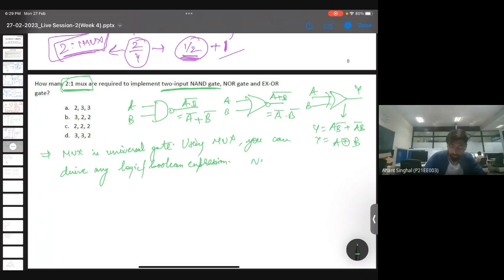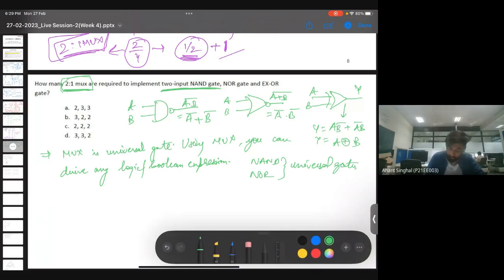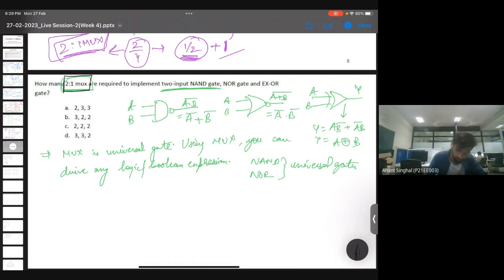Since we know that NAND and NOR gates are universal gates, I hope you know that from the last sessions, we can make those gates using a multiplexer also. That is why we call mux a universal circuit.